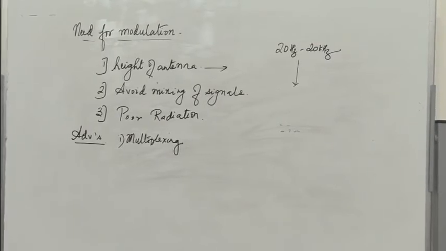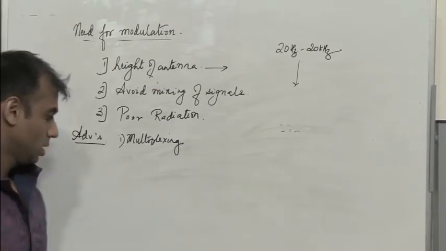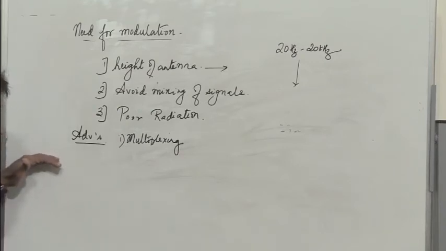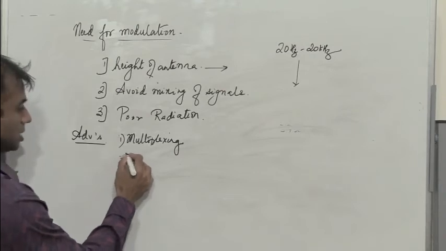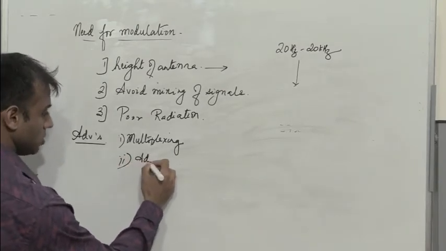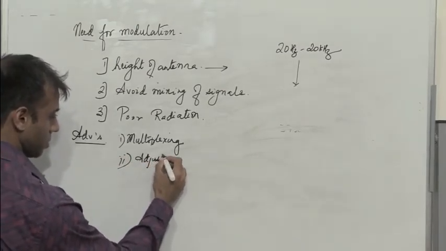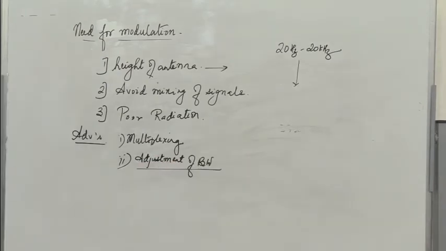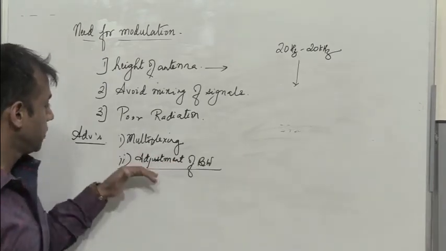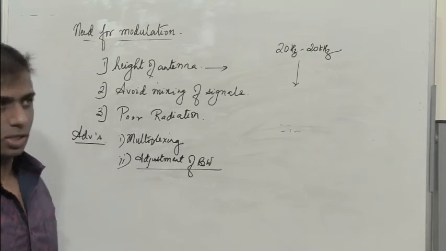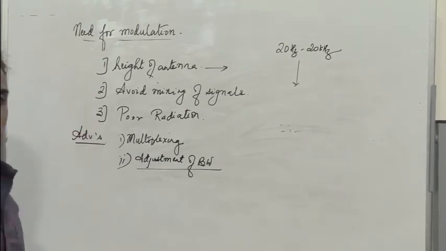So since we can adjust the bandwidth, and since the signal to noise ratio is a function of the signal bandwidth, that is a great advantage. These are some of the advantages of modulation, and why we need to go in for modulation.